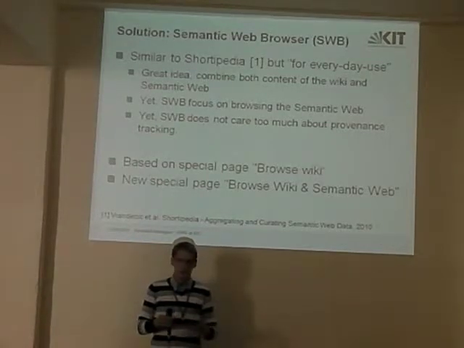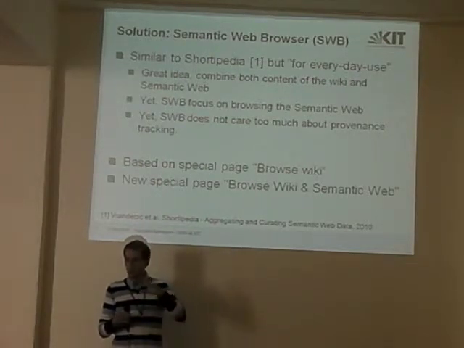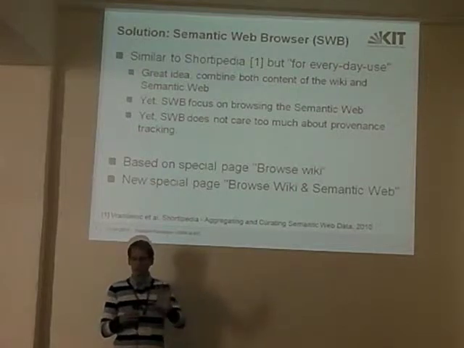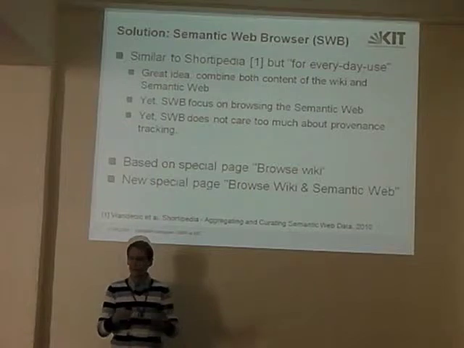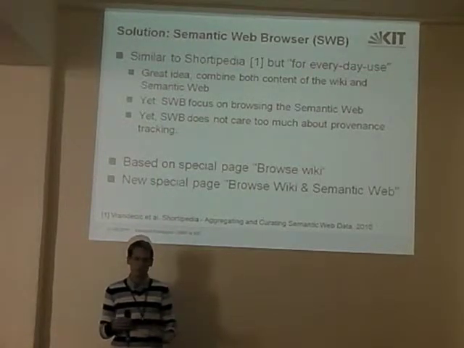Also, Semantic Web Browser does not focus too much on provenance information, and I will explain why later, but the reason is we use the official information about the URI, and typically this RDF file, describing the resource itself, is very trustable.